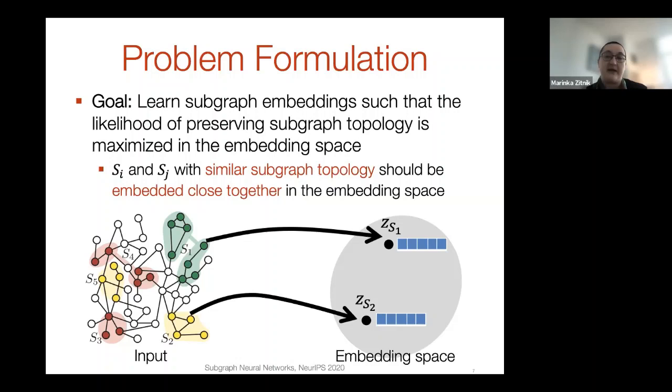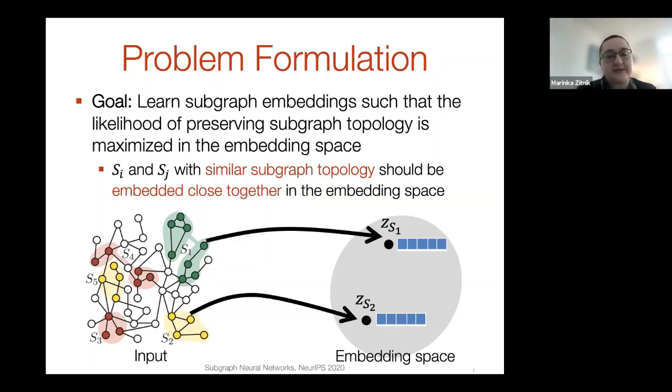And we would think of subgraphs S3 and S4, as they are both colored red, to have some similar semantic meaning. So given that, our goal is to learn subgraph embeddings such that the likelihood of preserving subgraph topology is maximized in the embedding space. In the next slide, I will explain what we mean by subgraph topology in this particular case.